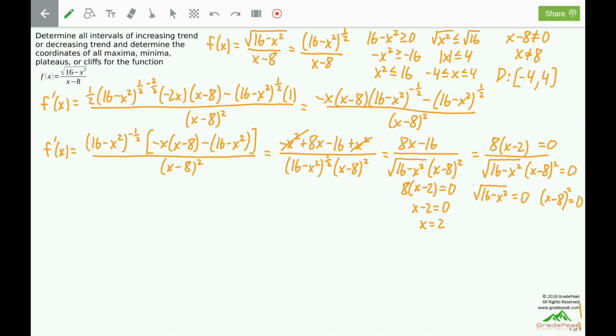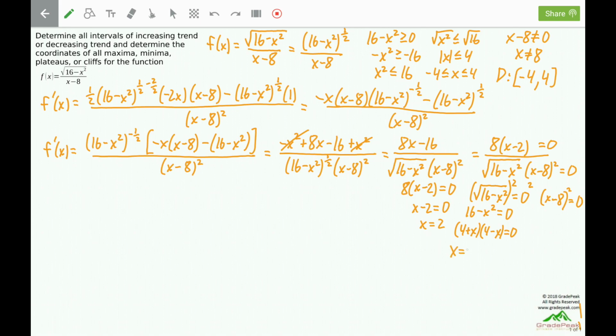Working with the square root, we can start by squaring both sides, and square root squared is going to cancel each other out, so it'll be 16 minus x squared equals 0 squared, which is 0. 16 minus x squared is a difference of squares, so it'll factor into a 4 plus x and a 4 minus x equals 0.